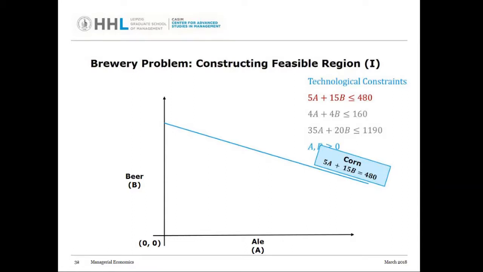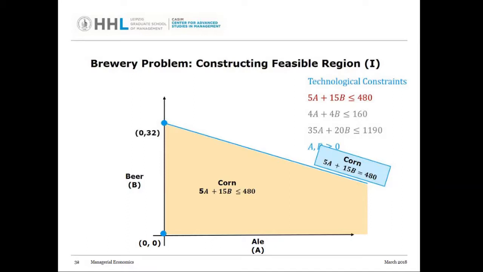So if we now look, it should be smaller or equal, so we have the area just below it. Okay? Look at the beer, the (0, 32), it's exactly the situation that no ale is produced, only beer. Recall from the previous slide.